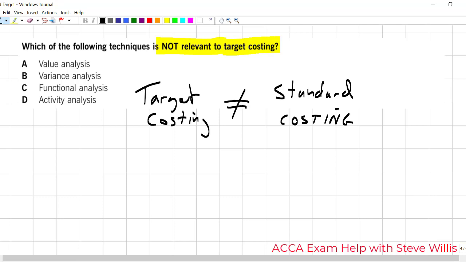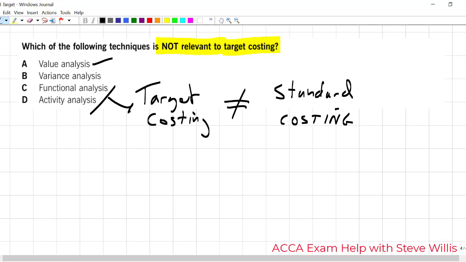We can always improve things a little bit more. We can always reduce the cost per unit a little bit more. Now, value analysis, that's to understand what features of our product do our customers value so we can set the right price. Functional analysis, activity analysis, well, that helps us understand our process so we can engage in continuous improvement and we can reduce the cost gap through cost reduction.